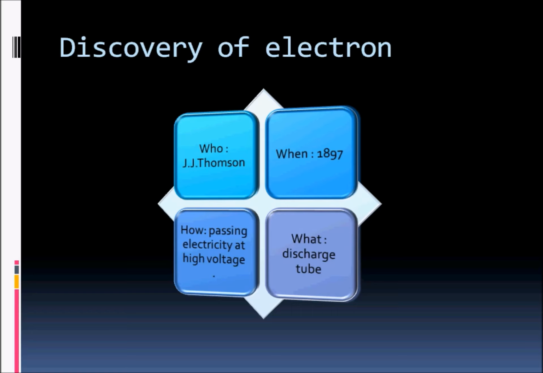Why did he do this? He just wanted to pass electrical energy to break down the atom of a gas into very small particles, and the apparatus he used is the discharge tube. You can also call it a cathode ray tube just because the cathode rays are formed in this experiment.